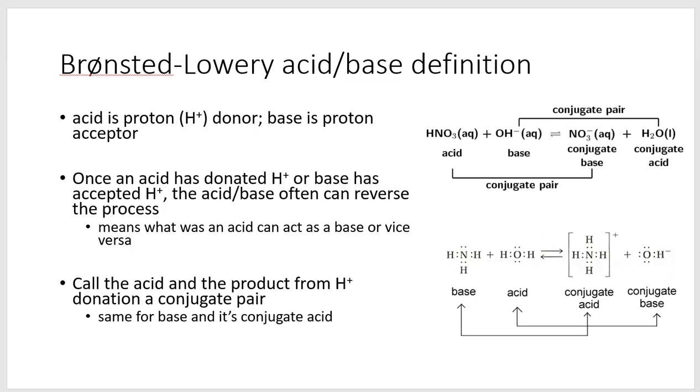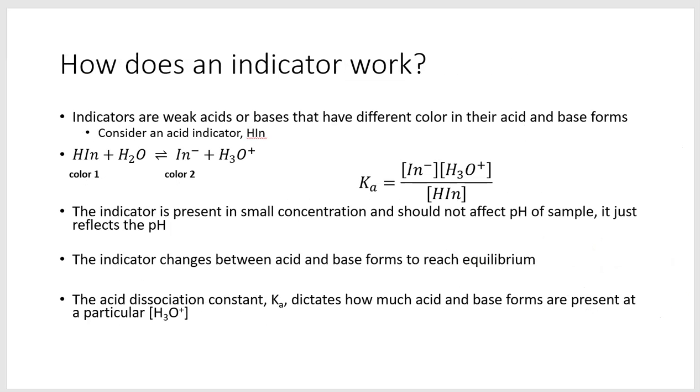So we're specifically going to be using indicators, and indicators are weak acids or bases that have a different color in their acid and base form. And if we think about an acid indicator, we're going to call it HIN.